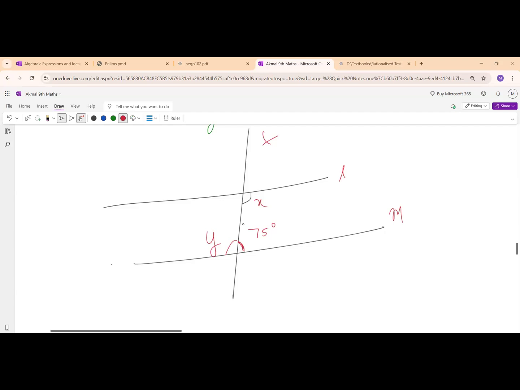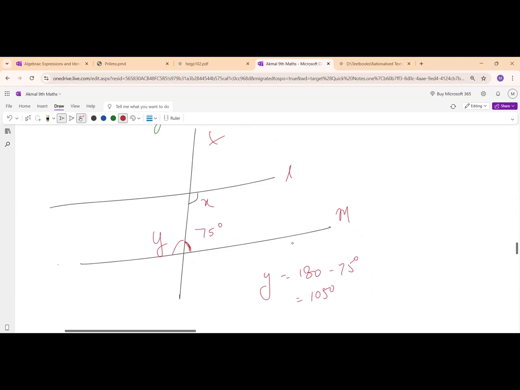No, no, no. Are you sure? X is 75. And what about y? 180 minus 75. Yeah, y is correct, 180 minus 75, that is 105 degrees.